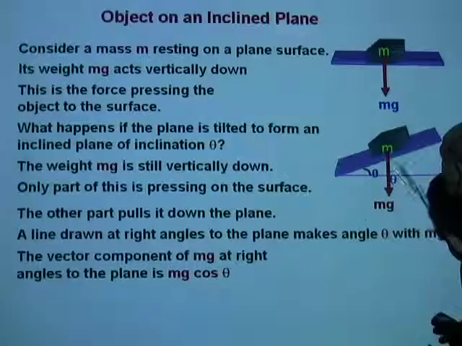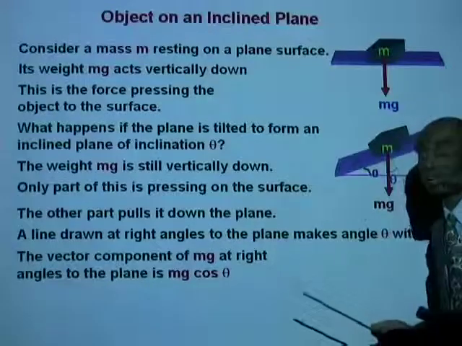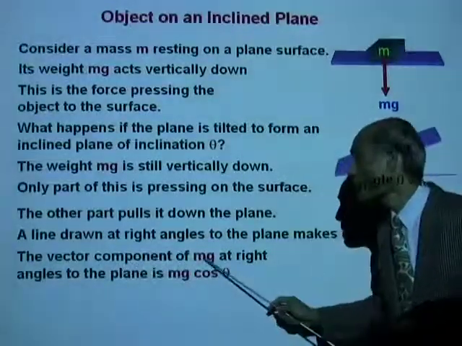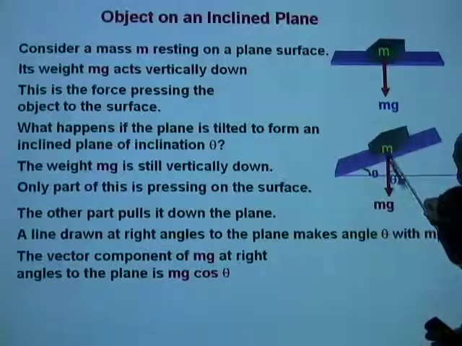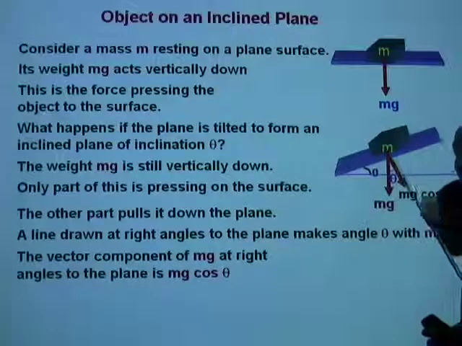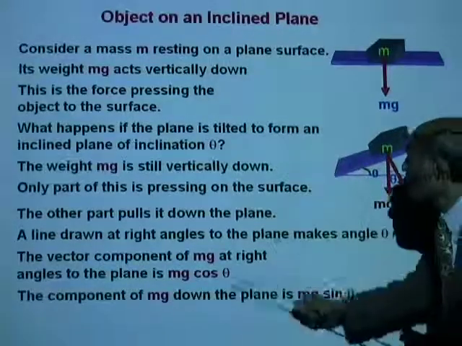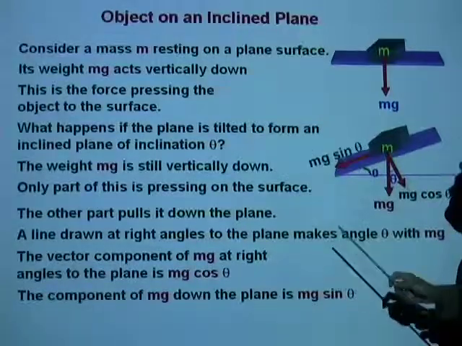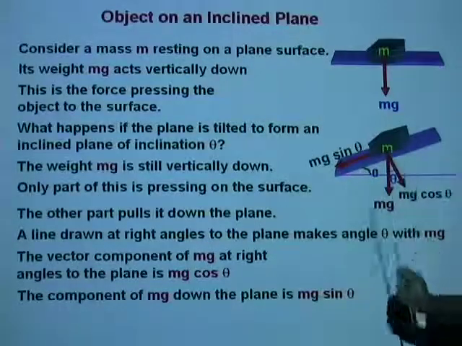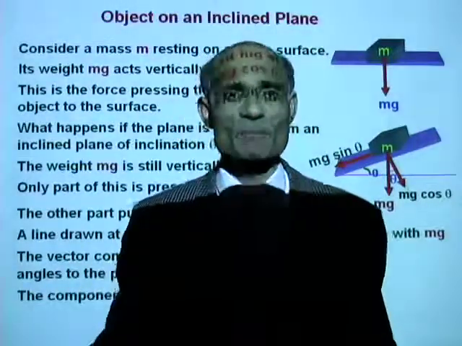Since this angle is theta, that component will be mg cos theta. The vector component of mg at right angles to the plane is mg cos theta, and the vector component of mg down the plane is mg sine theta. Very, very important results. You cannot ignore them.